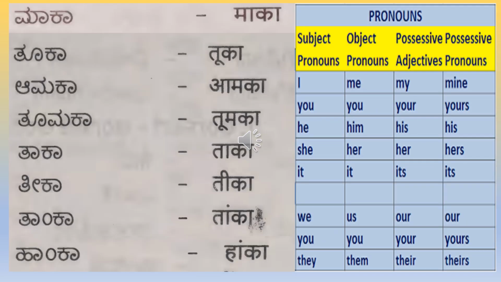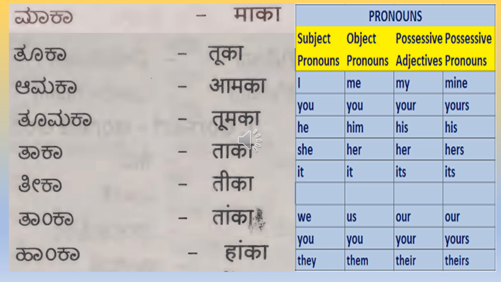Further we explore. Maka, to me, te maka di, give that to me. Tukka, hai tukka dita, I'll give it to you. Makka, to me. Tukka, to you. Amka, to us.